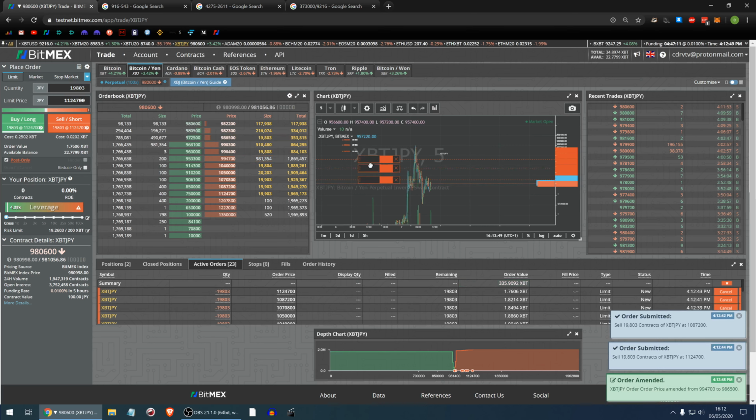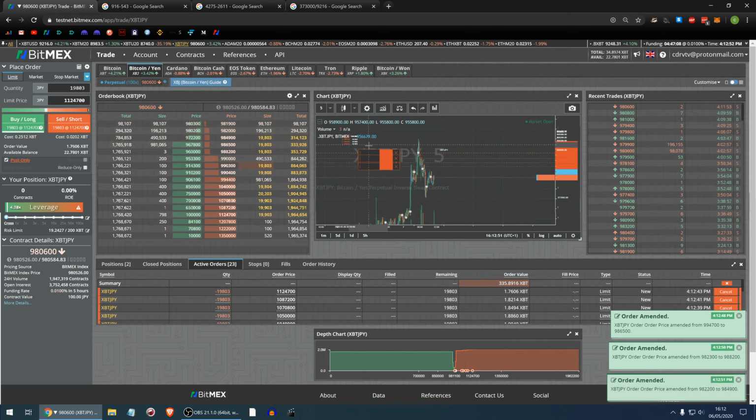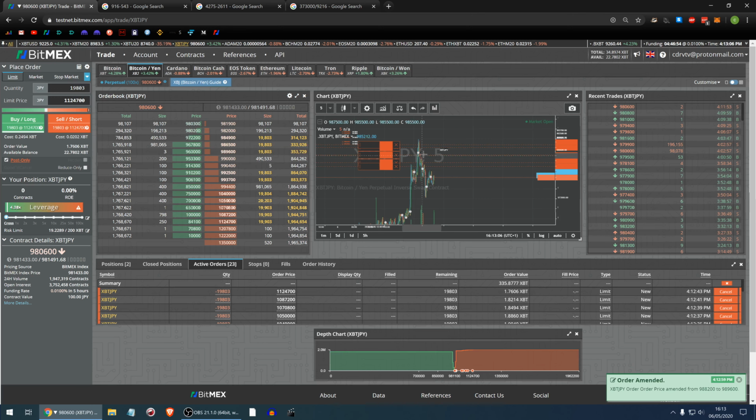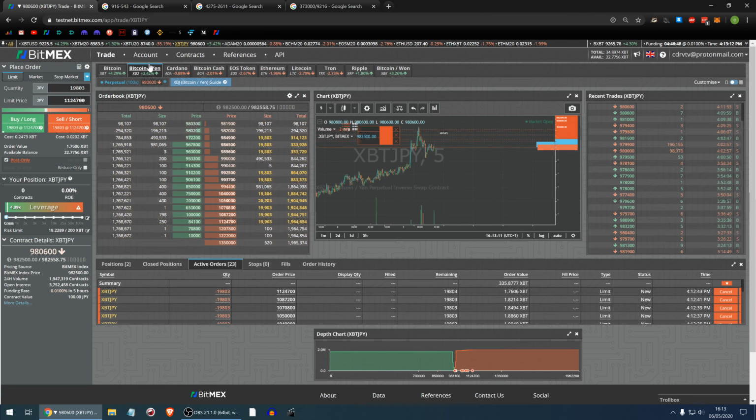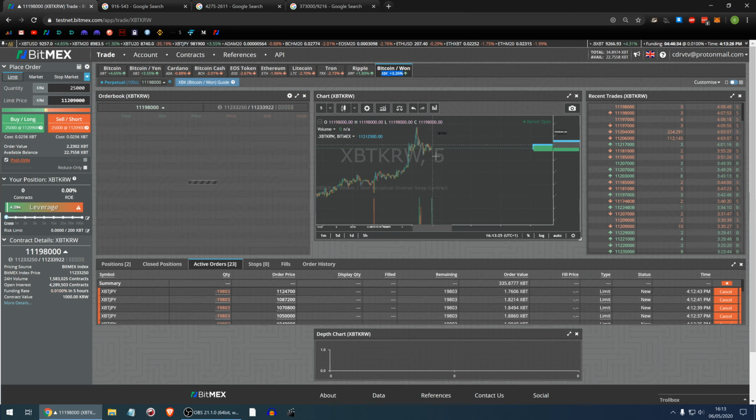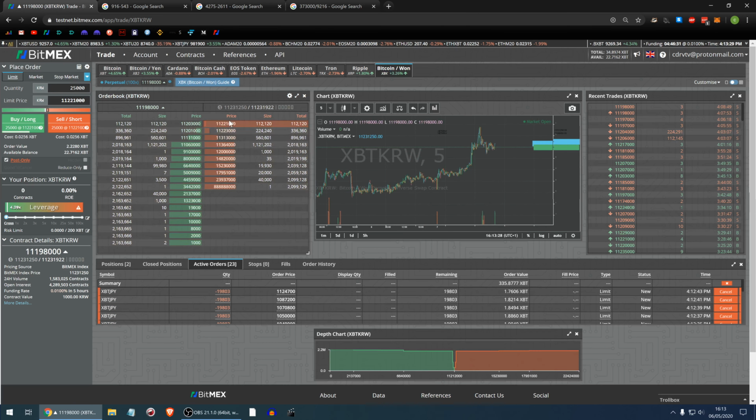They're probably a bit too optimistic. Yeah, I think that's fairly decent. Okay, so actually the value of these orders has changed slightly, and that's because the higher we go, the value in Bitcoin of this amount of Japanese yen goes down. But that's okay. So 20.5 BTC here.